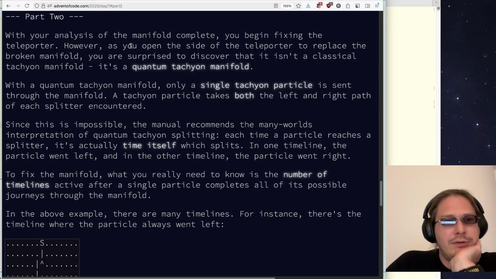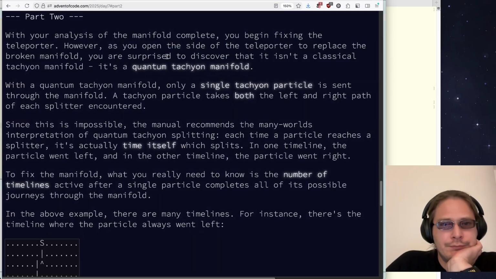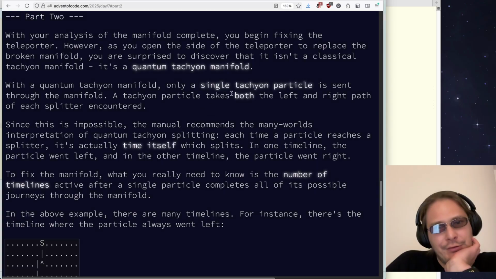With your analysis of the manifold complete, let me just read it. Shocked Pikachu. With a quantum tachyon manifold, only a single tachyon.